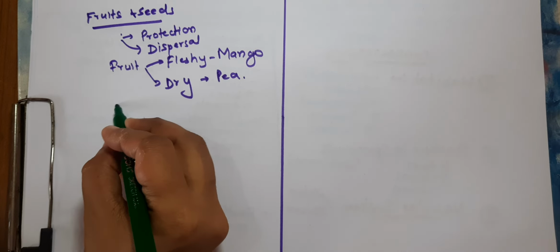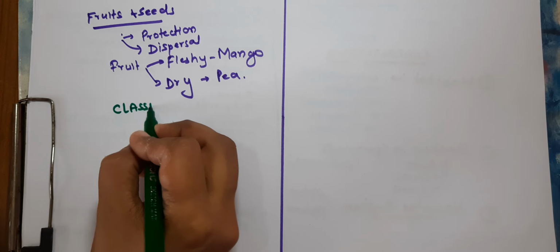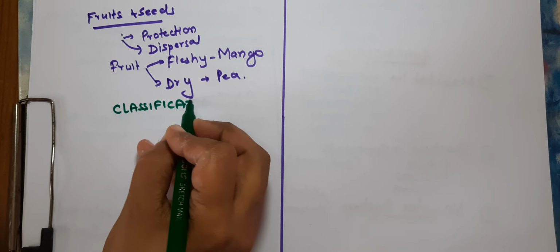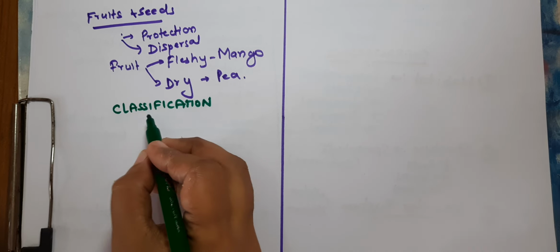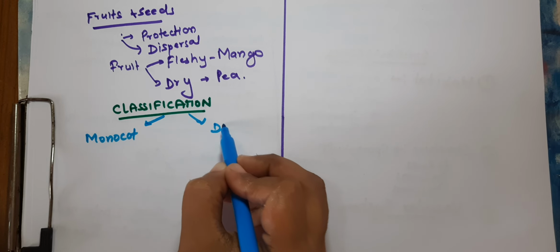Now, the classification of angiosperms. They are basically classified into two major groups, based on the number of cotyledons, that is the seed leaves. The two different kinds are monocots and dicots.